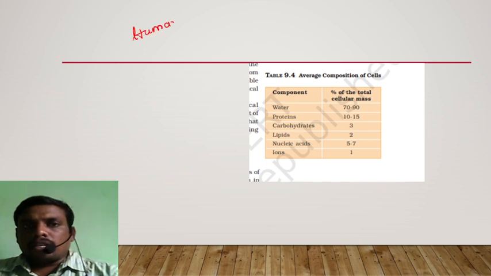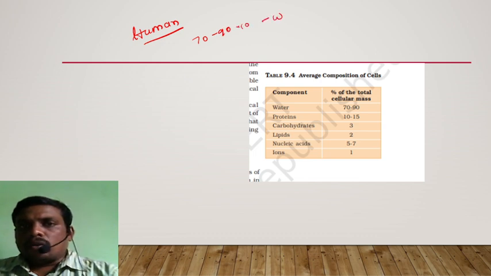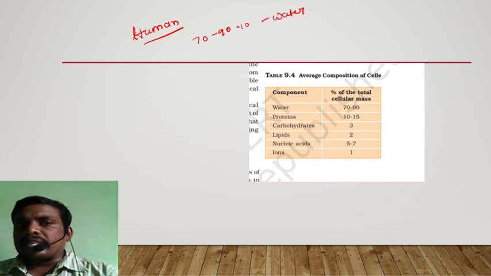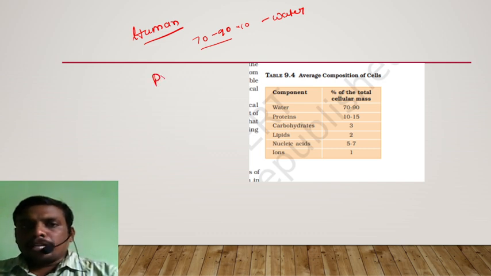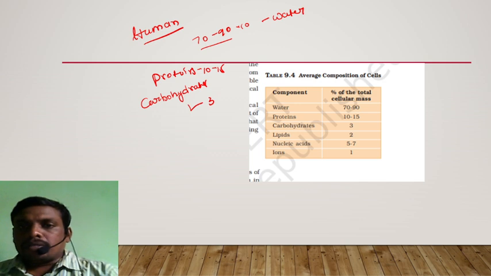In the human body, 70 to 90% is water. Our total body weight contains up to 90% of water. In the remaining part, if you see protein content, how much is there? 10 to 15%. Let us take the carbohydrates, these are 3%.